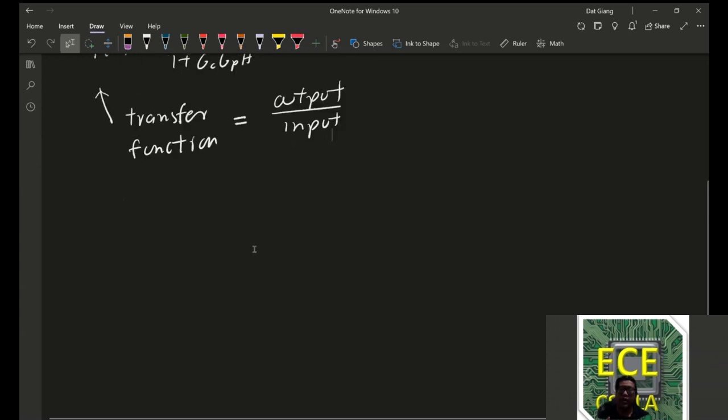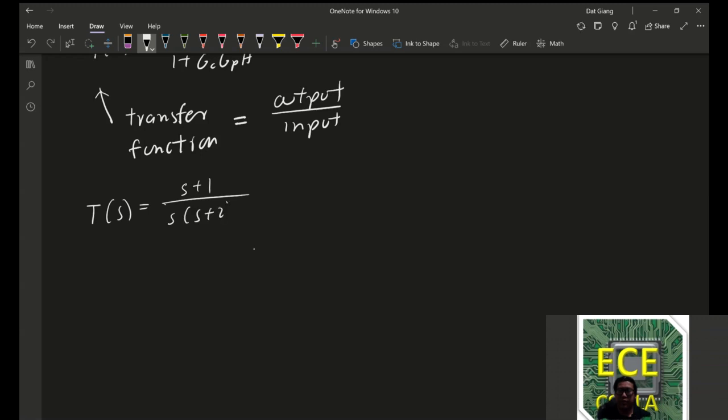So, for example, let's say this transfer function is some kind of function, like s plus 1 divided by s squared plus 2s, then this is equal to some output Y of s divided by X of s.